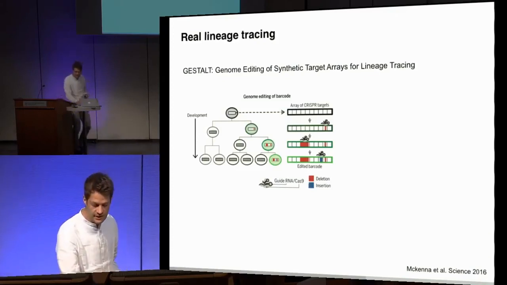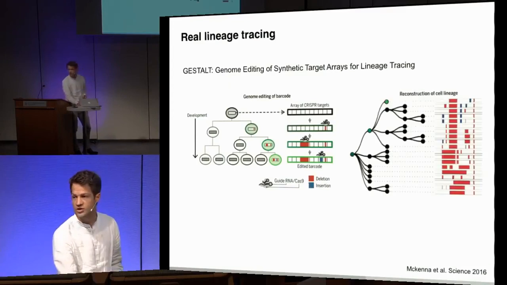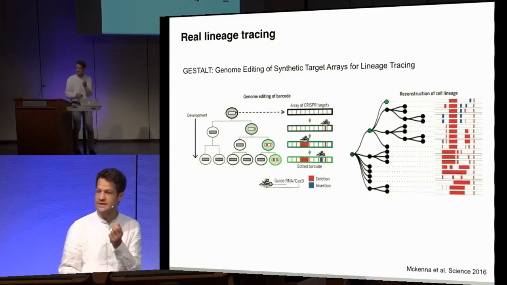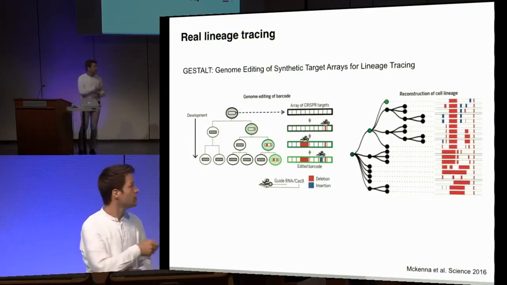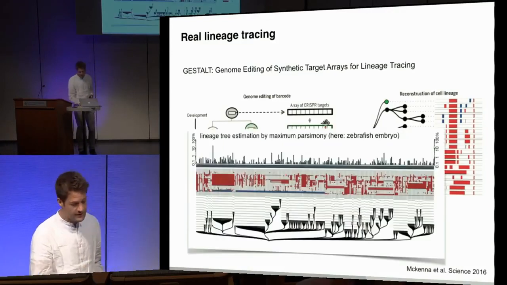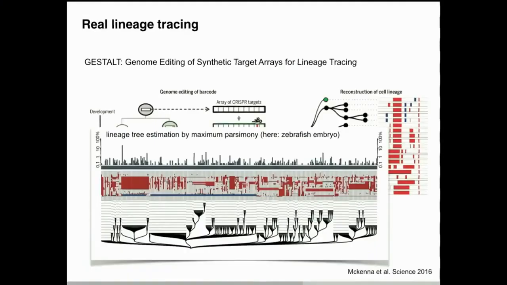And by those deletions and insertions that happen more or less randomly, you can do some type of reconstruction of lineages, where of course each of these dots might not only be a single cell, but a whole bunch of cells, and you only see these steps when you actually acquire these things. And in this way, you can reconstruct whole zebrafish embryo lineage traces.